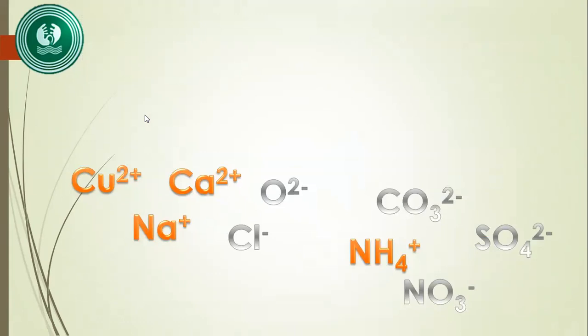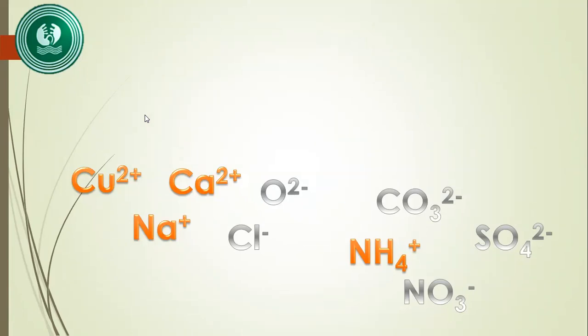See some cations and anions; some cations are from only one element. For example, calcium is from one element. But you see the ammonium ion, NH4+. This is not from one element.